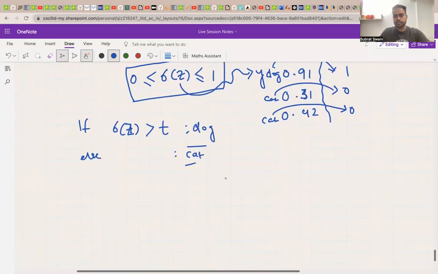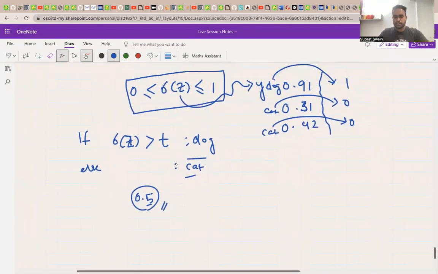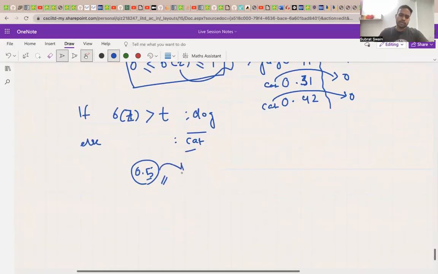This is one way. So what is the ideal way to set the threshold? 0.5. So this gives me a probability of an image being a cat or dog. If the probability is more than 0.5, it's a dog. If the probability is less than 0.5, it's a cat. I guess it's clear, right?